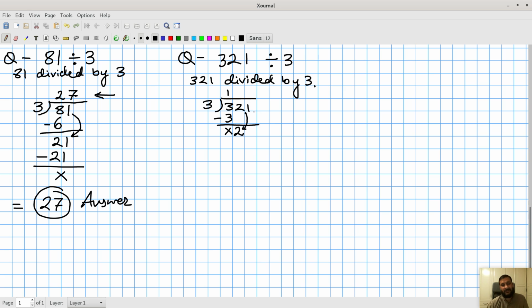But we can't just simply bring it down to make it 21. There's a rule here. If we don't have a sufficiently large number at this step, then we can bring this down, but first we must put a 0 here. Only then we are allowed to bring this 1 here. And now this has become 21.